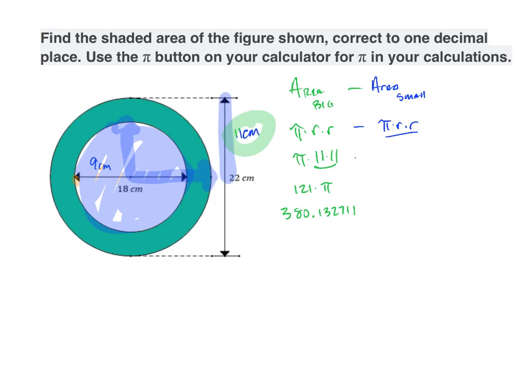And we're doing the inner circle, which has a radius of 9 centimeters. So we're going to have pi times 9 times 9, which is 81 times pi, since 9 times 9 is 81, and which is going to give us 254.469049.